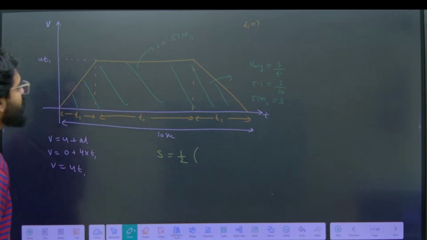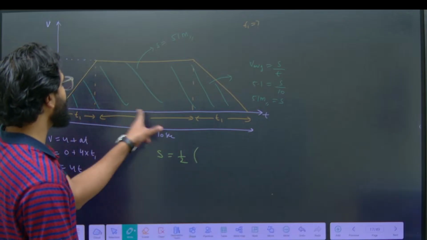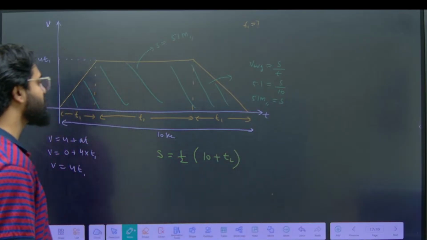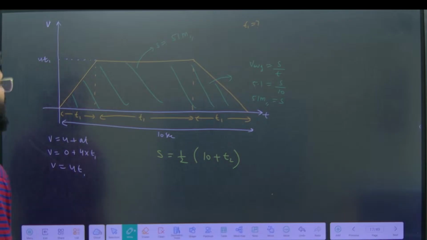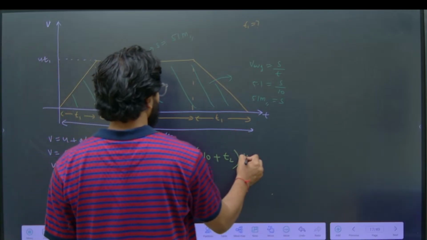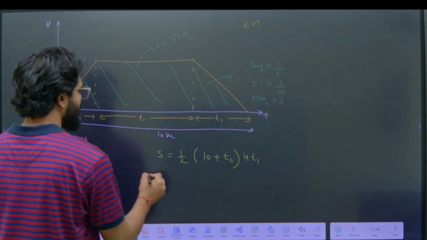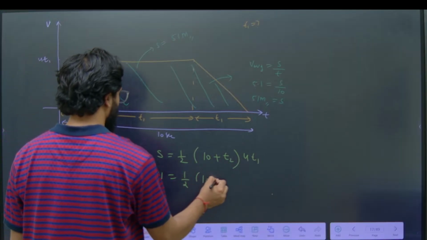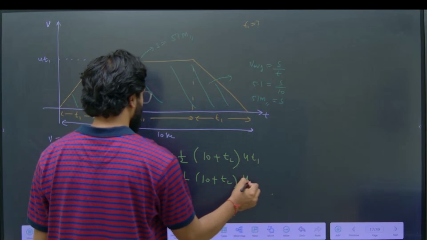So half into the sum of parallel sides, 10 and T2, into height, which is 4T1. This is given as 51.